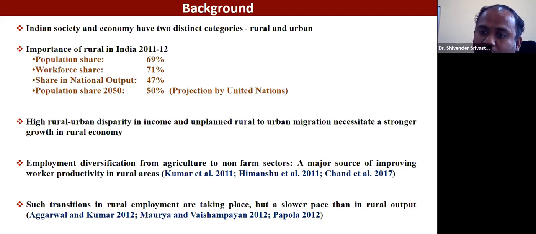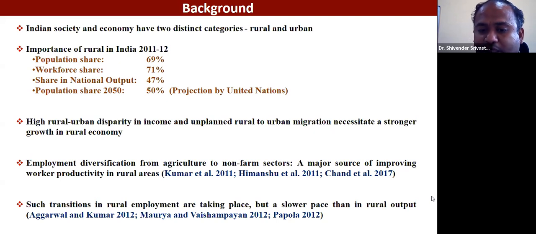In fact, that is what we'll be discussing in the next 1 month, sorry, 1 hour. We'll see it has some definite implications, and what those implications are. When we say employment diversification is a must, it does not mean it is not taking place.